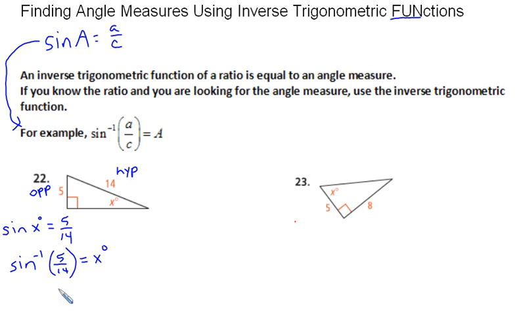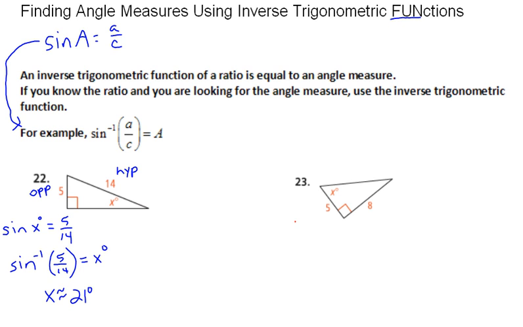Now, if you'll look at your calculator, inverse sine is usually the second function key. So look above sine, you'll use that second function, so hit that blue second function key, and then sine, that gives you inverse sine of 5 divided by 14. And we're going to round that value to the nearest degree. So in this case, that's approximately 21 degrees.